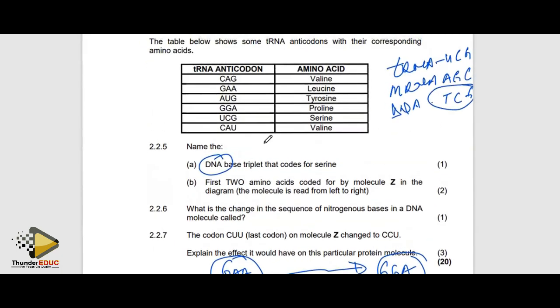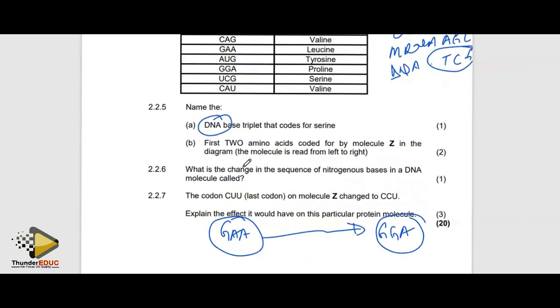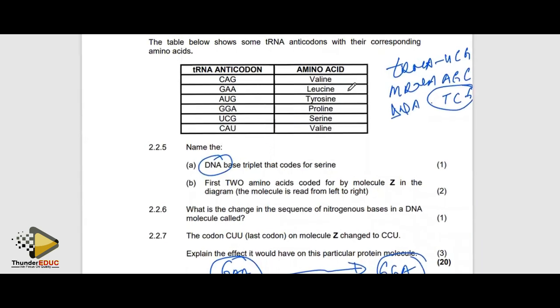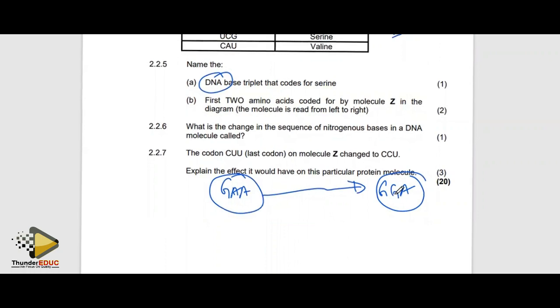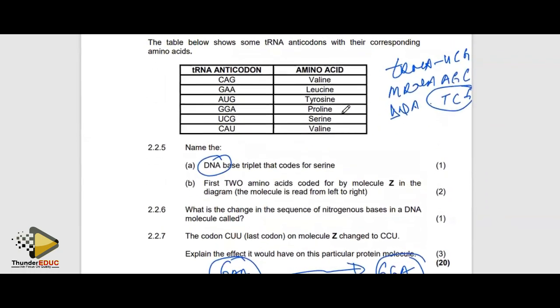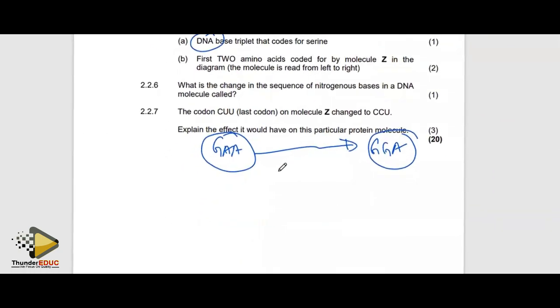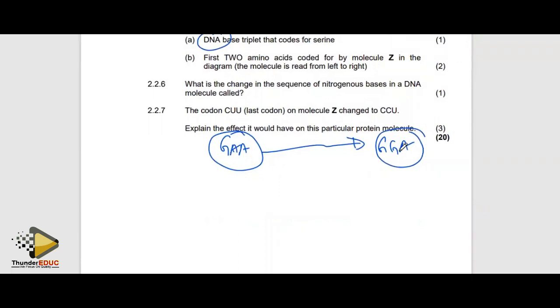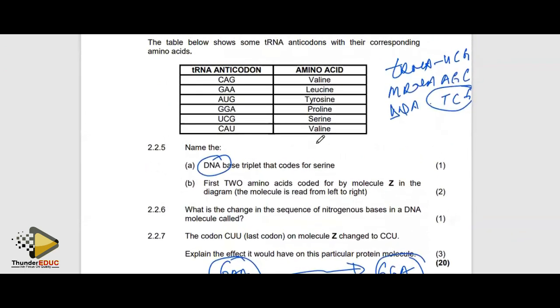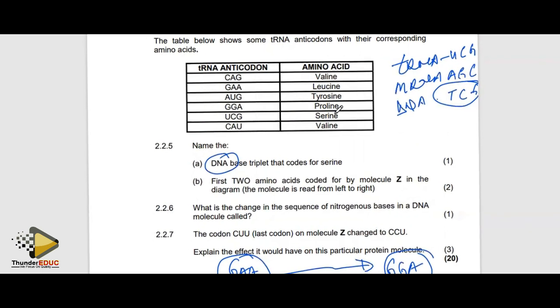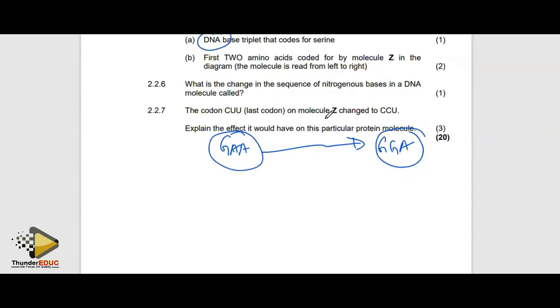So if you come here, GAA is leucine, while GGA is proline. It means that change of this to this will result in a different amino acid being coded, from leucine to proline, which will result in a different protein.